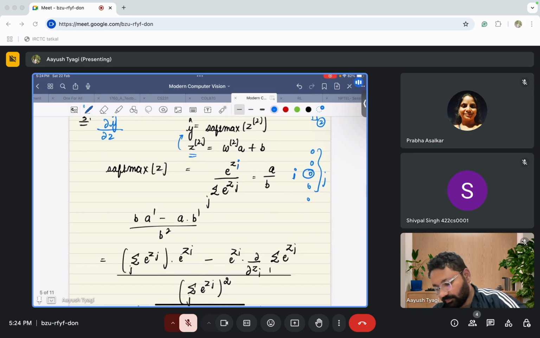And to compute the derivative of a by b, you do (b into a dash minus a into b dash) by b square.